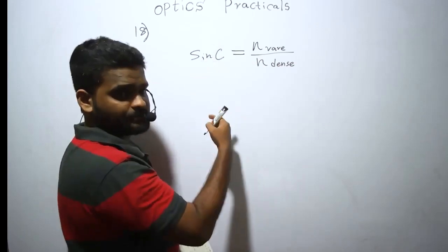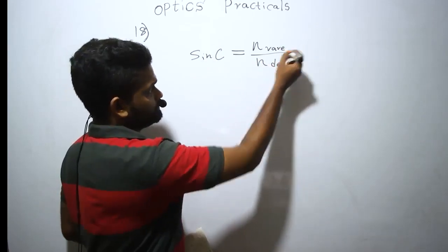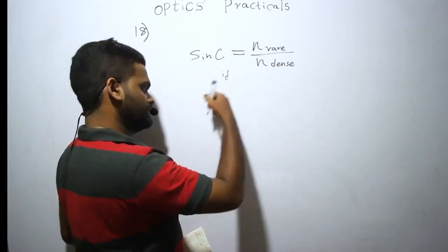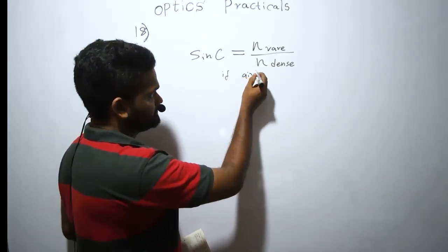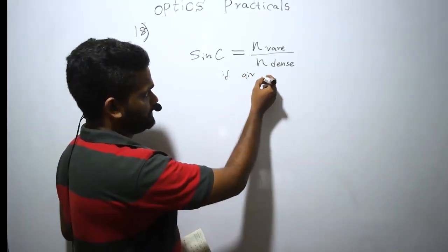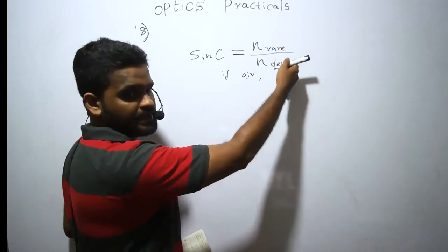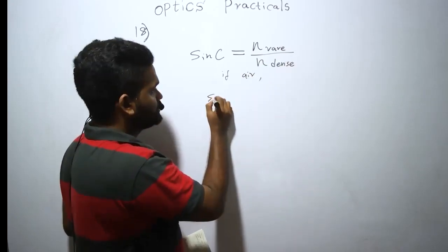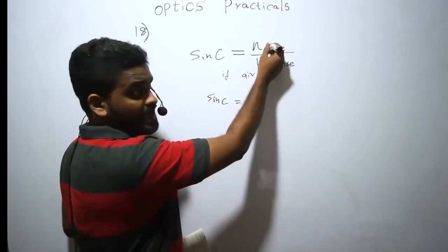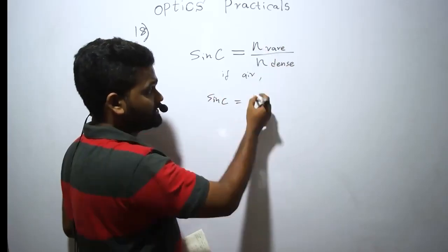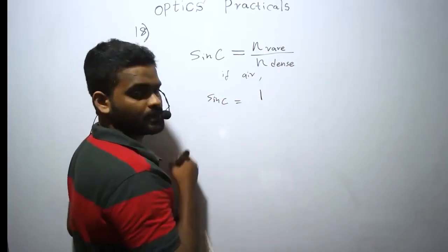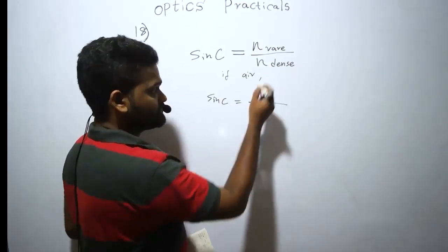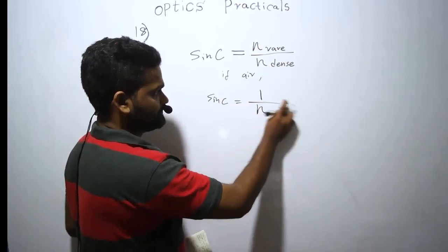But in this experiment, what do we do? At the outside of the prism, it is air, and for the dense medium, we get a glass prism. So for sin C, the refractive index of air is 1. Air in a vacuum, the refractive index is just 1. For the dense medium, it is glass, Ng, right?